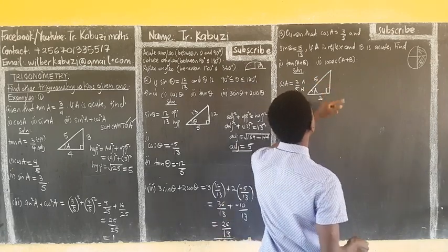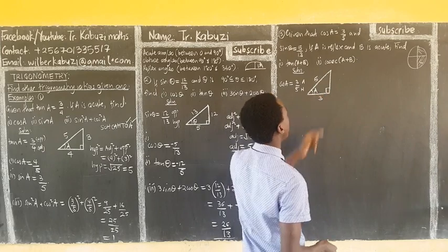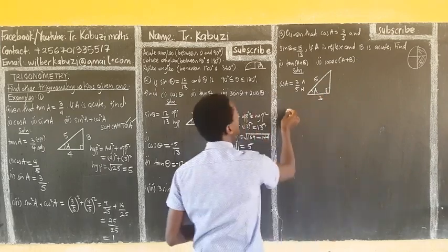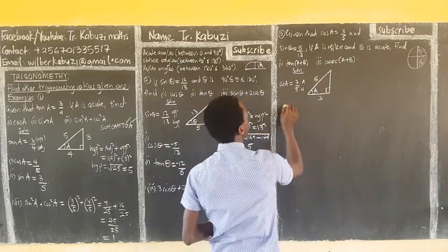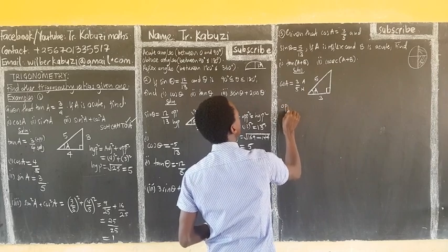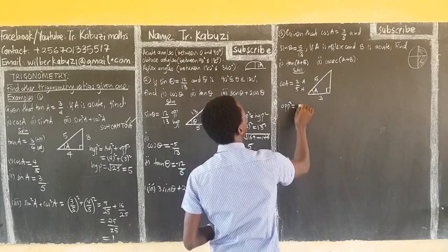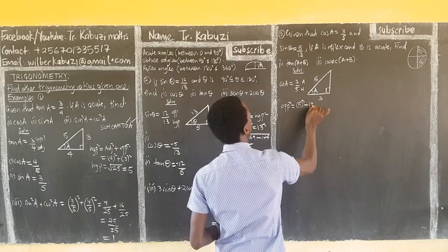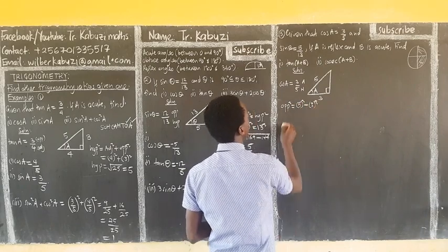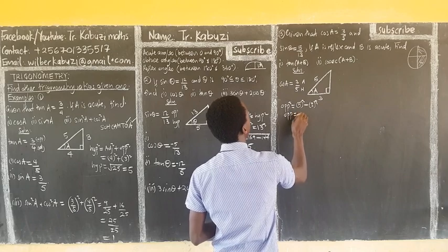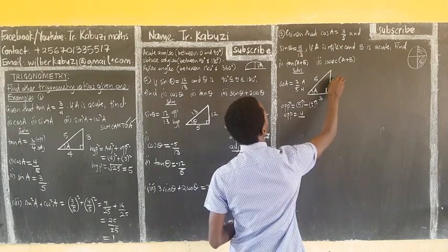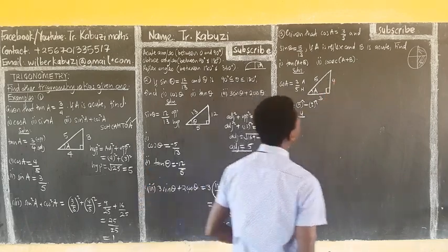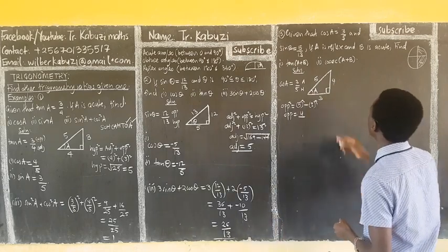So when you use Pythagoras, we are going to have this as our opposite. This squared will be 5 squared minus 3 squared. And you see that our opposite is going to be 4. So this opposite is 4.